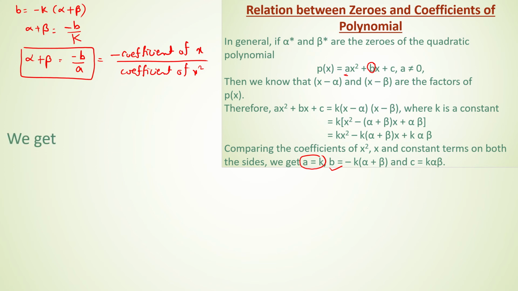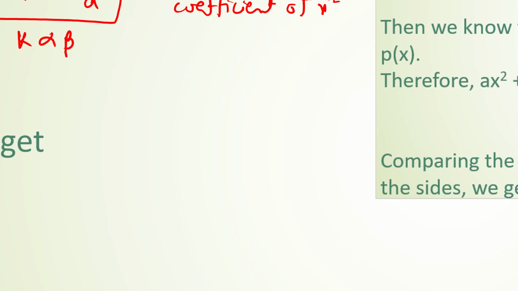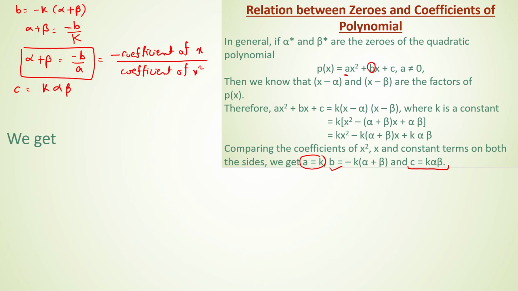Now taking c equals k times alpha into beta, we get alpha into beta equals c upon k. Since a is equal to k, I can write it as c upon a.